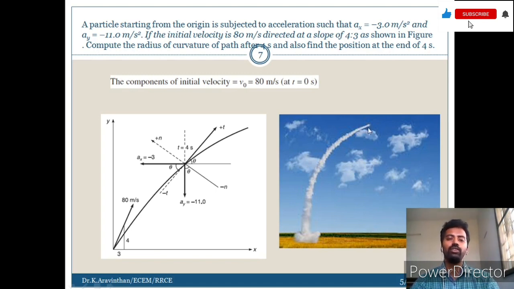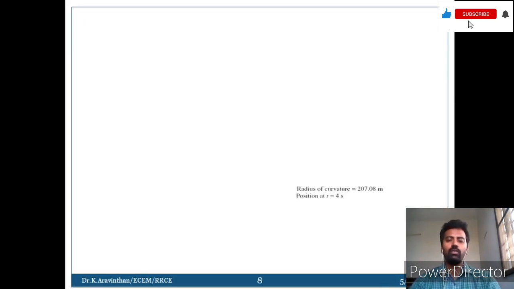If you know how to apply this solution, you can apply it for a missile or a rocket. You can find the distance traveled after 3 seconds. Like that, for each and every second you can identify the distance along x and y component. Let us solve this problem.